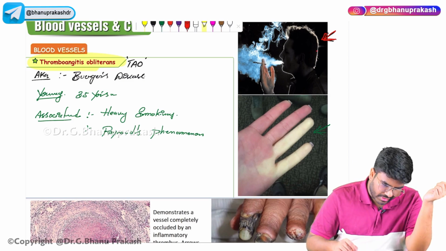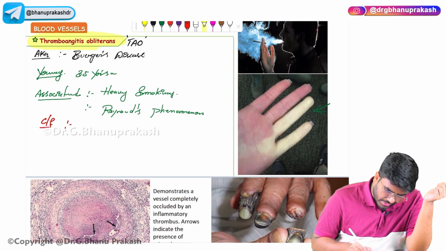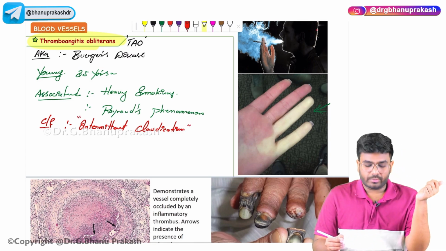Now, what are the important points I want you to know? The clinical features are intermittent claudication. The pain is seen intermittently.